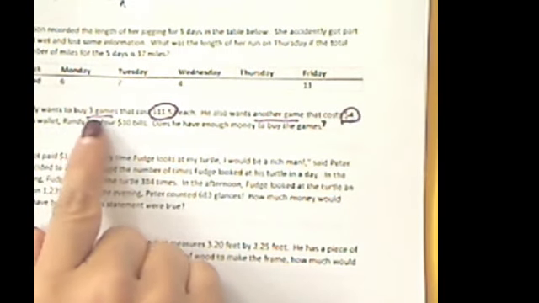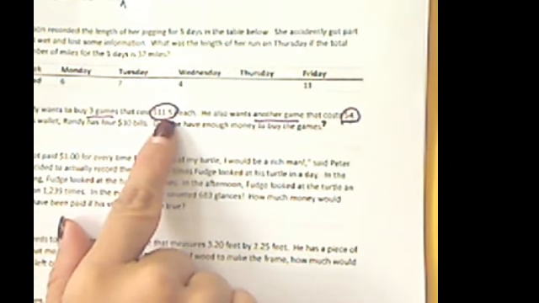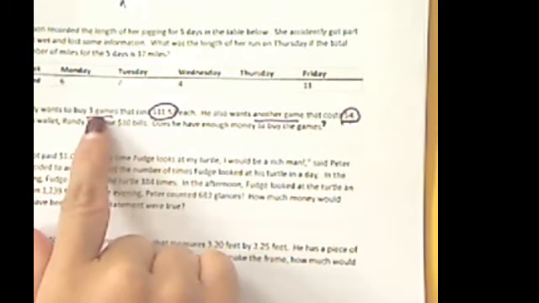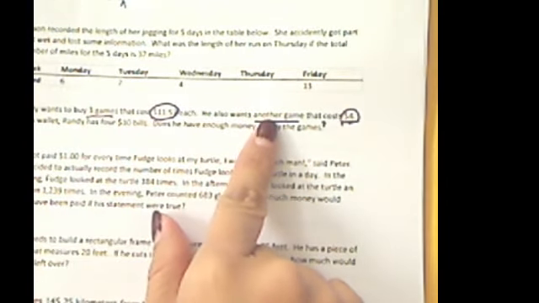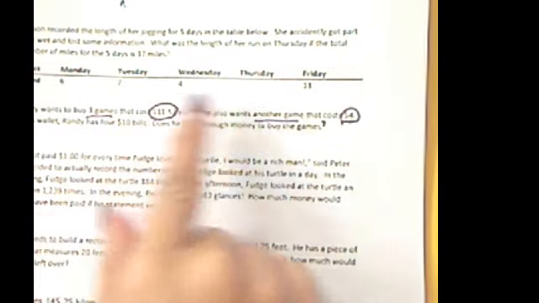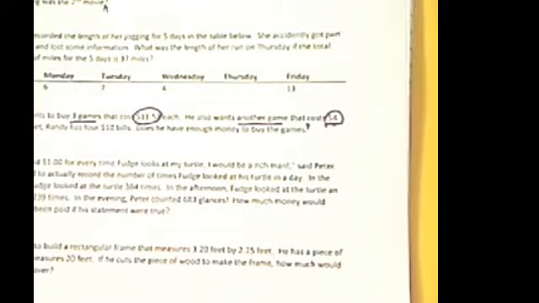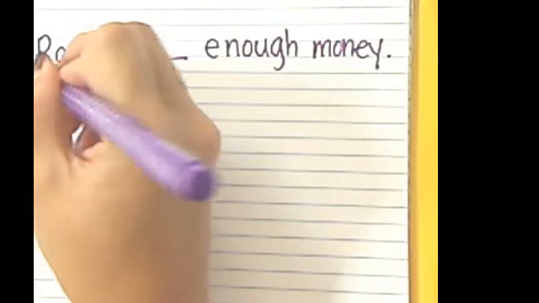Well, Randy wants to buy 3 games, and they each cost $11.57. But did you also see this part? On top of the 3 games that he wants another game. So if he wants 3 plus another one, how many games is that? 3 plus 1, that's 4. So Randy's going to buy 4 games, okay?